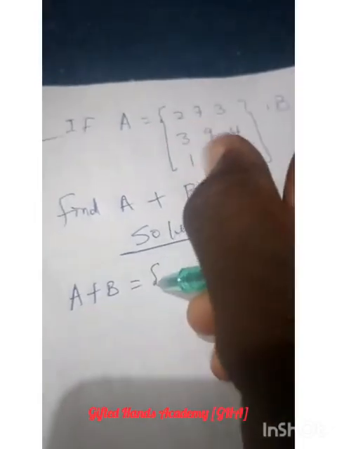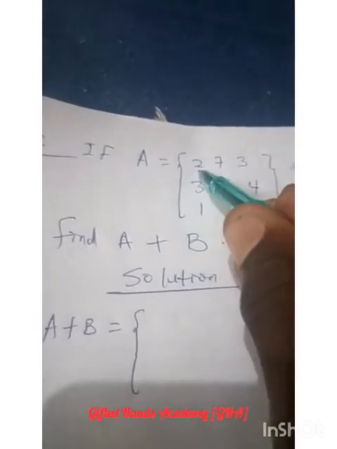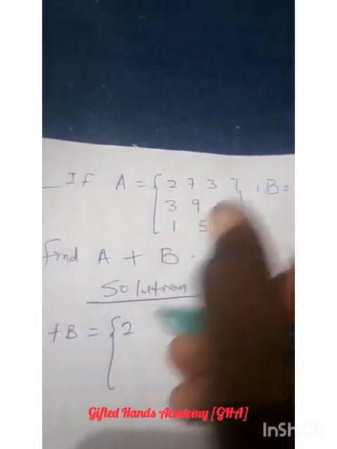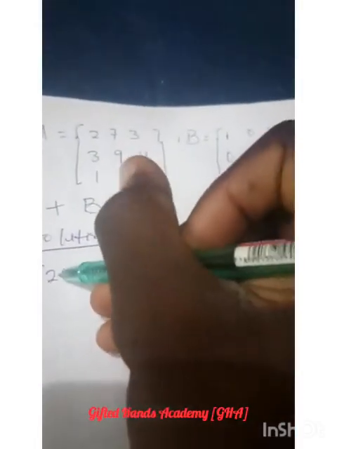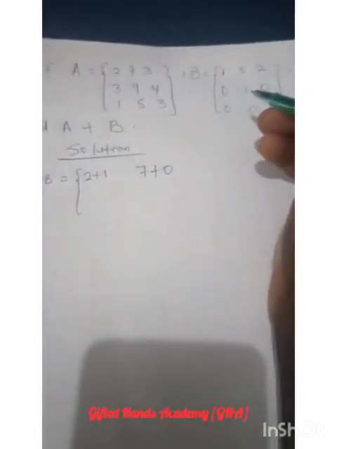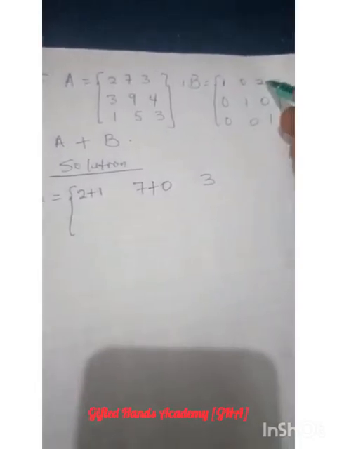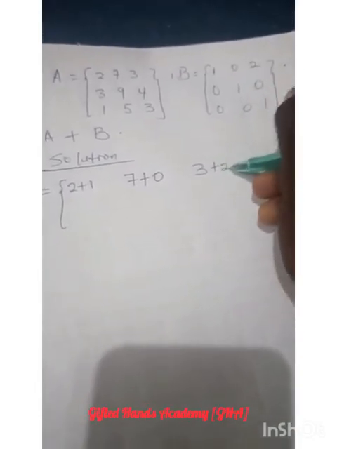So A plus B will be equal to, you pick the same number of the row and column for A, then the same number for row and column for B. So that's 2 plus 1. 2 plus 1, then you give a little space, move to the next one, 7 plus, what's the next number here? 0. Are we getting it? Please follow. Then the next number here is 3 on this side. Then the next number here is 2. 3 plus 2. We are done with that for the first row.